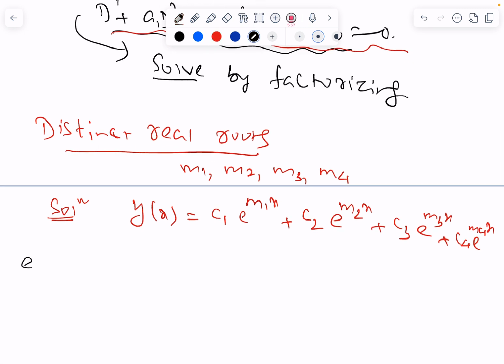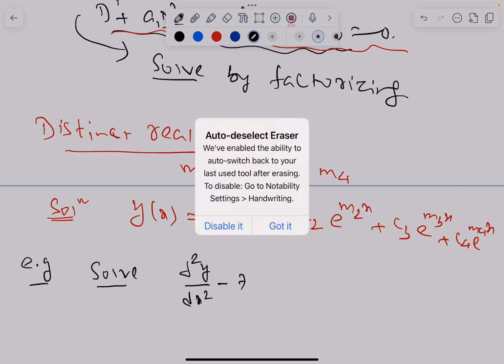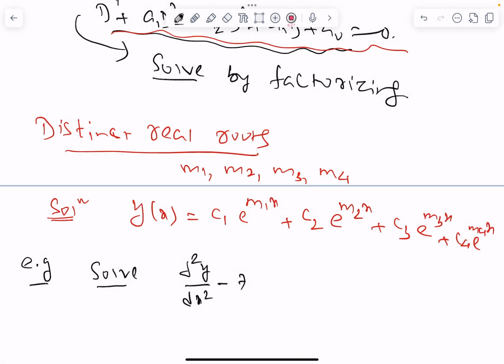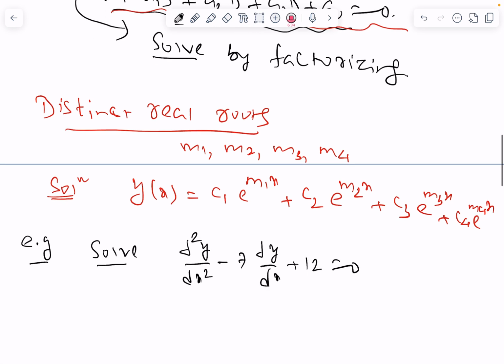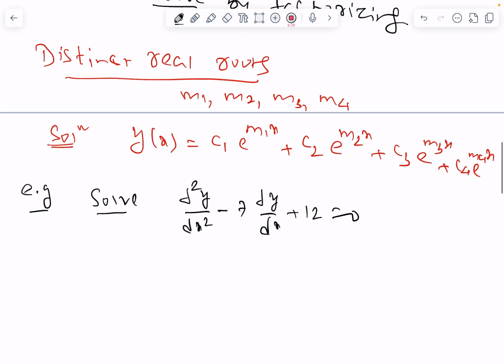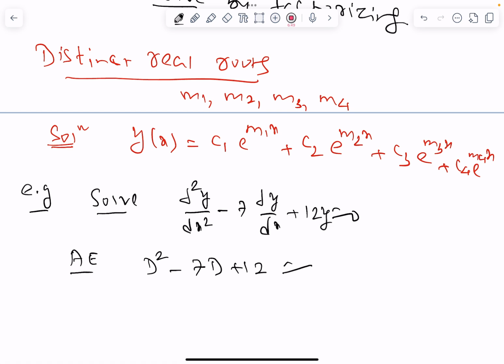So, like, if someone asks to solve d square y by dx square minus 7 dy by dx plus 12y equal to 0, then the auxiliary equation is D square minus 7D plus 12 equal to 0.